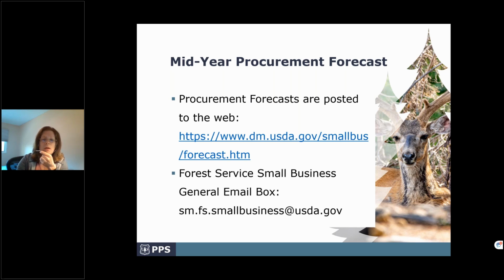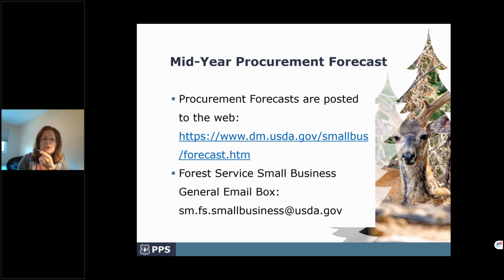So the date for posting on the web has not been announced yet, but you'll see the web link there on the slide to where you can find the nationwide procurement forecast for all of the Forest Service. And you can download that to your computer and search by certain states, by different categories of work. It's very customizable.